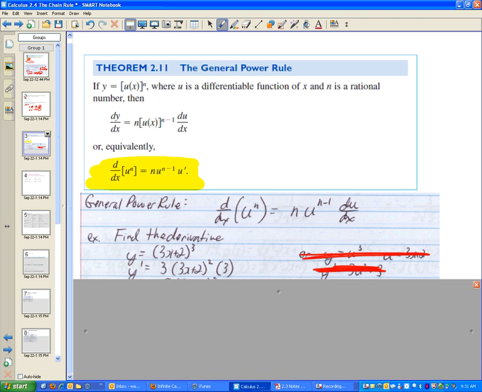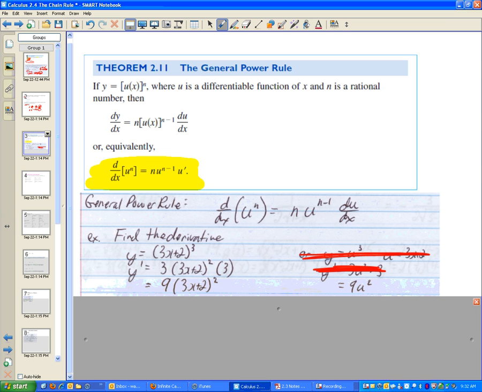Then keep the quantity, keep u, subtract 1 from its exponent, 3 minus 1 is 2, and then times the derivative of u, the derivative of the quantity 3x plus 2, which in this case is 3. And then there's usually a little bit of simplifying to do with the multiplication. So I'll multiply the 3's together and get that. You follow me?